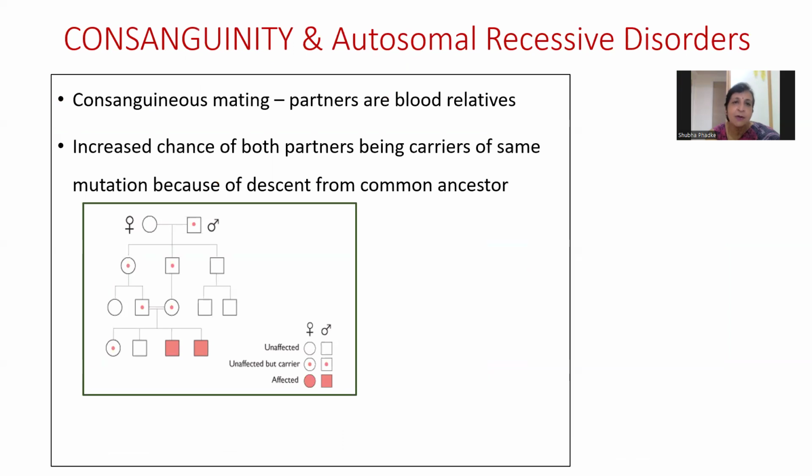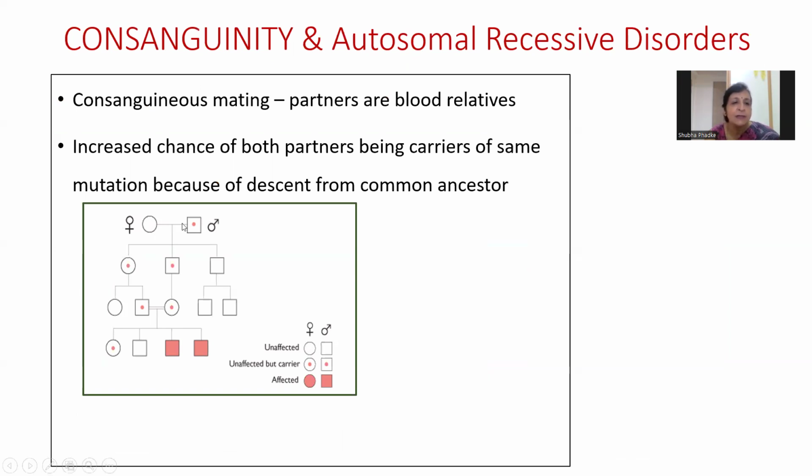When we think of autosomal recessive disease, the word that always comes to my mind is consanguinity. Consanguineous matings mean the partners are blood relatives. They may have a common ancestor at the most at the level of a great grandfather; a common ancestor up to the sixth generation is called consanguinity.